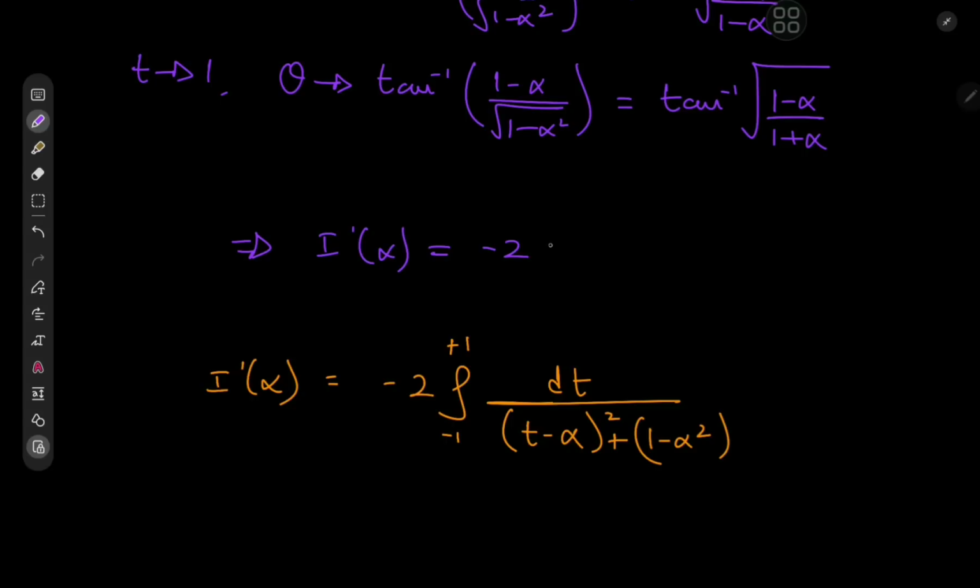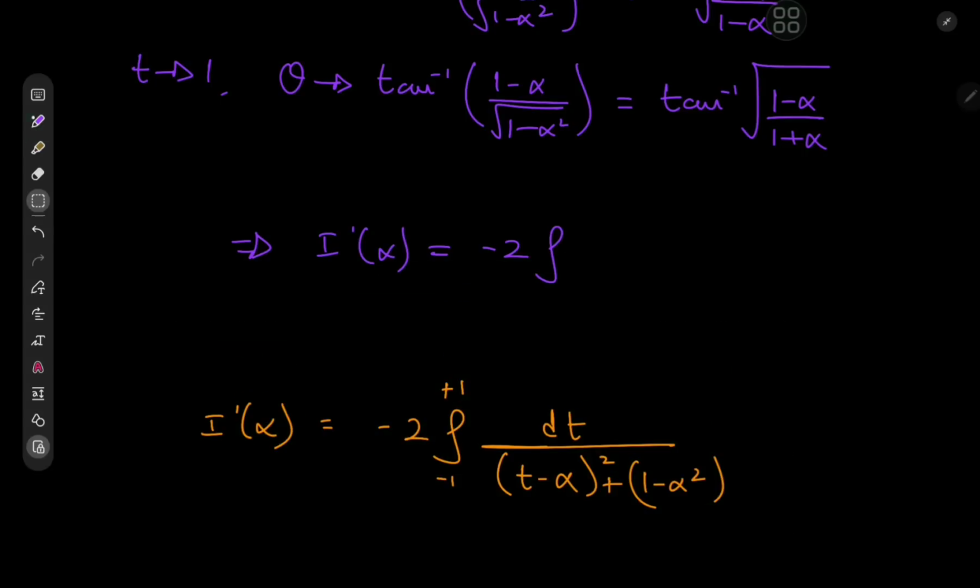We got negative 2 times the integral, with the limits being those inverse tangents. Inverse tangent root 1 plus alpha by 1 minus alpha, inverse tangent root 1 minus alpha by 1 plus alpha. Terribly sorry about that.